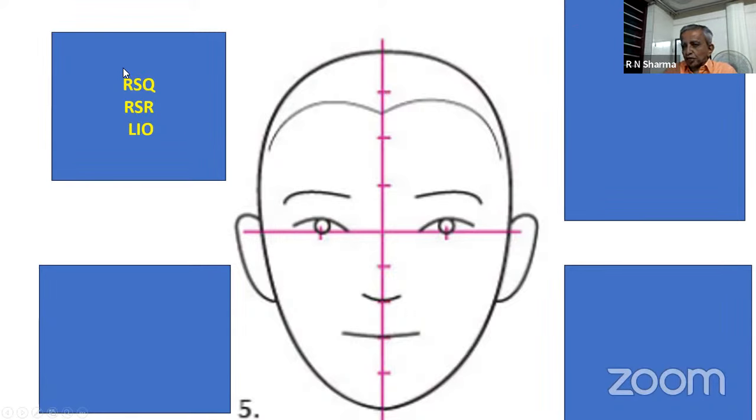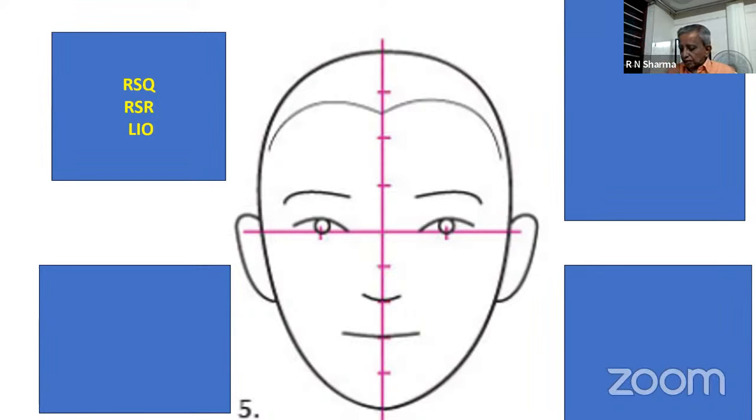So the muscles that are acting will be the corresponding rectus and the cross-named muscle. Instead of right, put left. Instead of superior, put inferior. Instead of rectus, put oblique. So when somebody is looking at the right superior quadrant, the corresponding rectus will be right superior rectus and left inferior oblique.